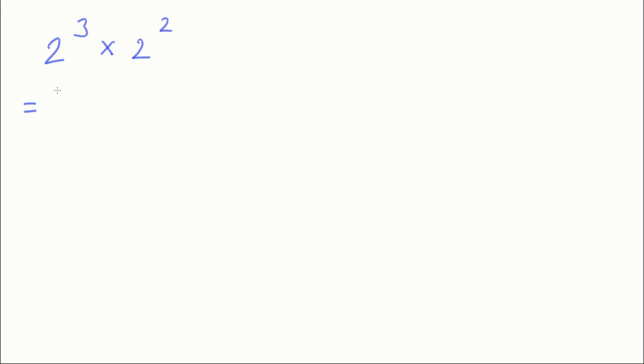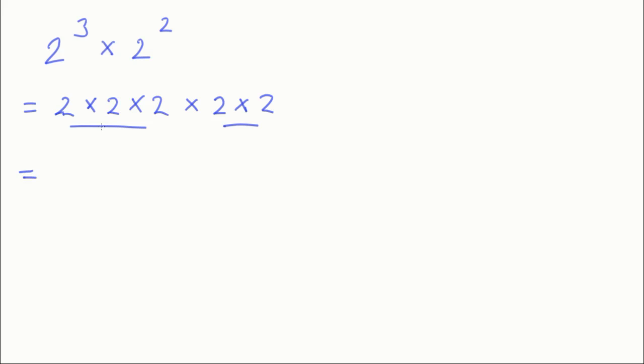Anyway, 2 cubed is a short way of writing 2 times 2 times 2, or 2 multiplied by itself 3 times, and it's being multiplied by 2 squared, which is really a short way of writing 2 times 2.